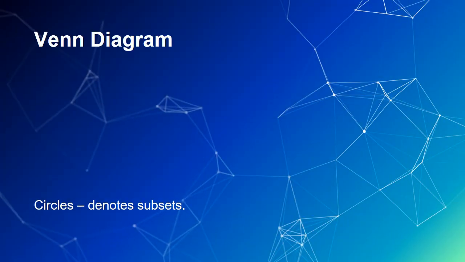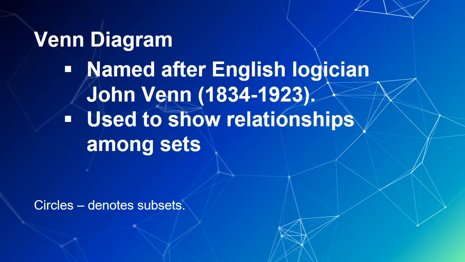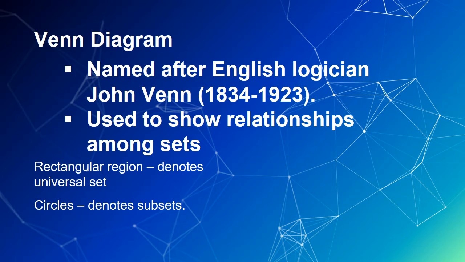To visualize what we're dealing with in set operations, you have to be familiar with what we call the Venn diagram. It is named after the English logician John Venn, who lived from 1834 to 1923, who used it to show relationships among sets. Here, we will be using circles to denote subsets, and rectangular regions to denote the universal set.